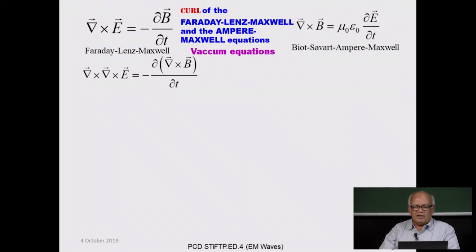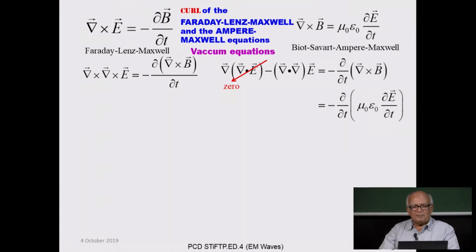On the right hand side you get the curl of B, and the curl of E is given by these two terms on the left hand side, of which the divergence of E goes to 0 in vacuum. And now the curl of B we know from the Ampere-Maxwell equation, it is given by the time derivative of the electric field.